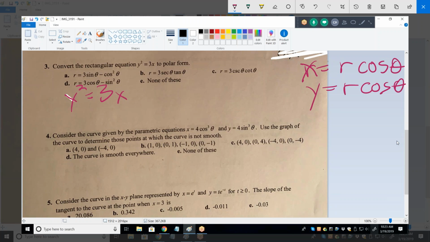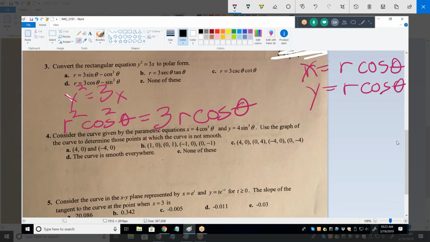So I'm going to substitute for y squared, r squared sine squared. That's the left side. Right. And I'm going to substitute for x like that. Now I'm home.